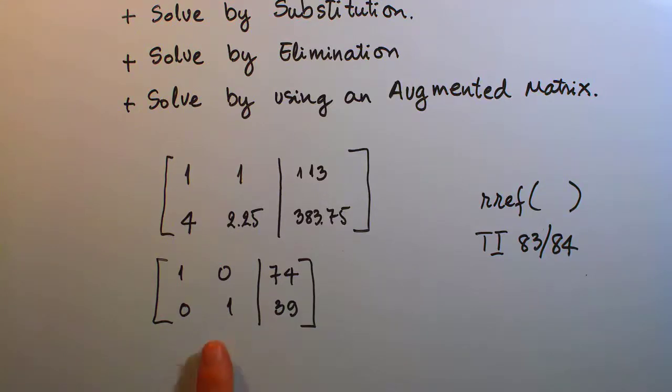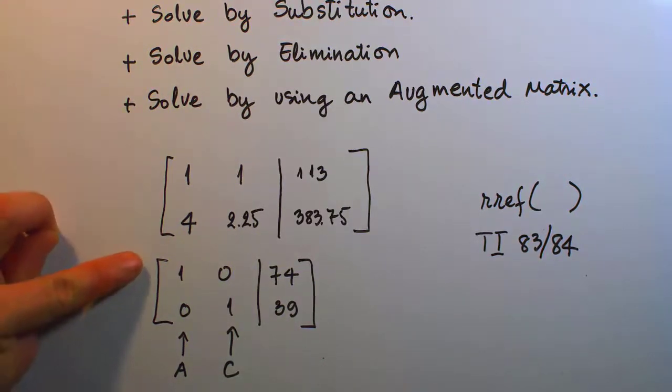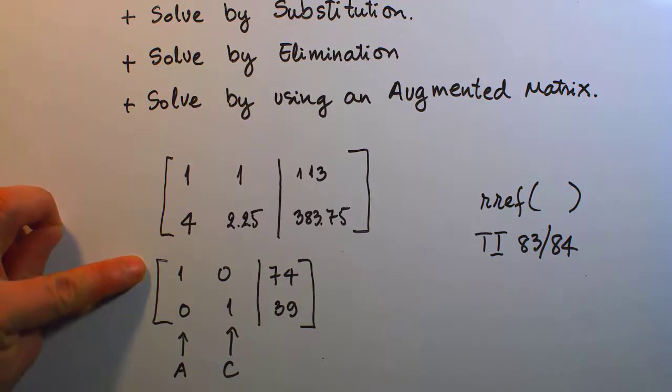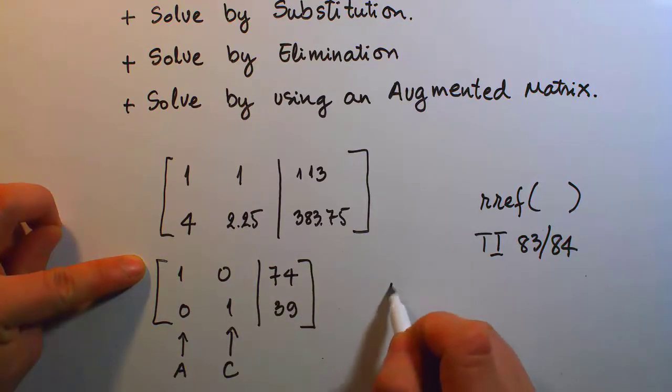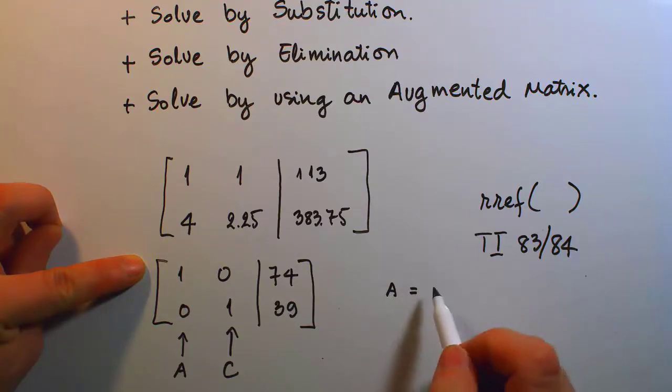Once we're in the reduced row echelon form of this final matrix, remind yourself that this column is equivalent to the A variable, and this next column is equivalent to the C variable. From the top row of the reduced augmented matrix, it reads 1A plus 0C equals 74, or in other words, we found that A should equal 74.